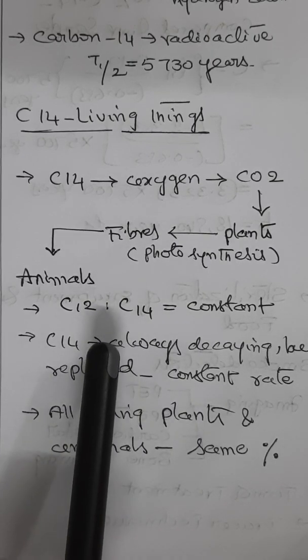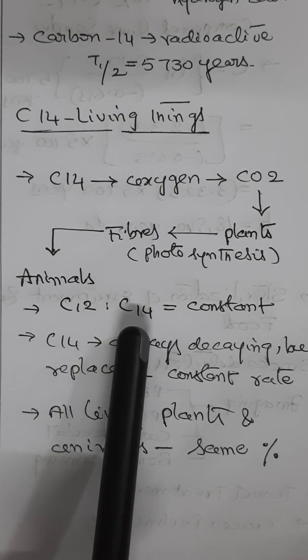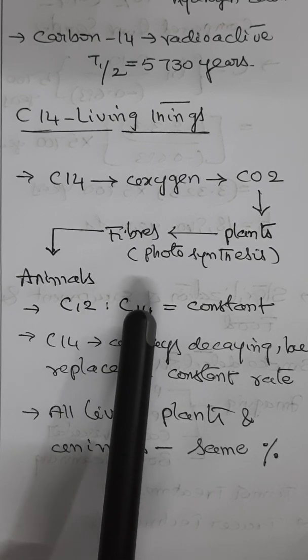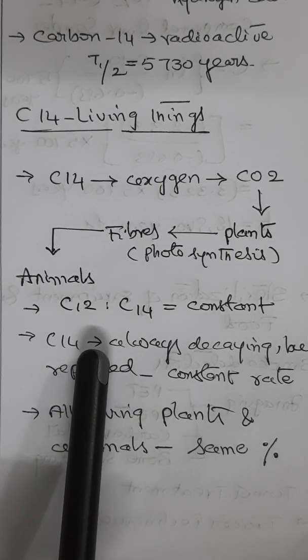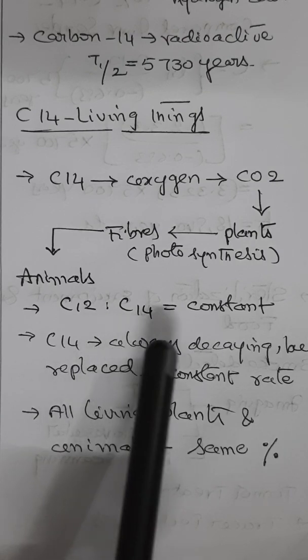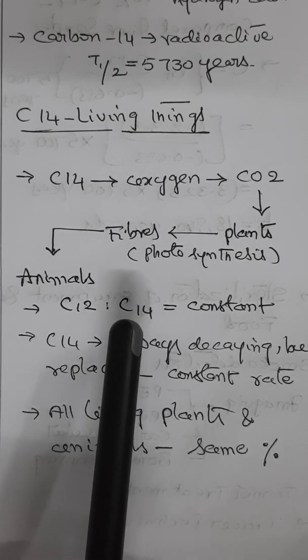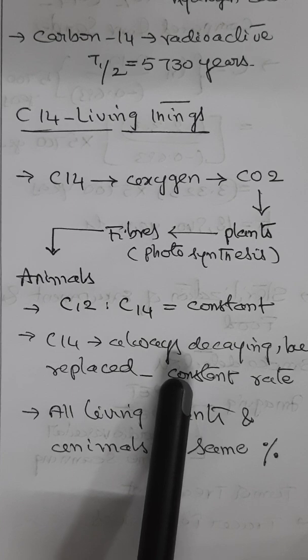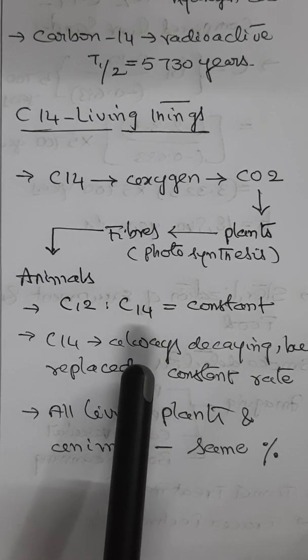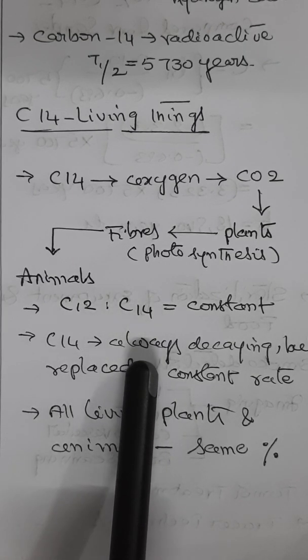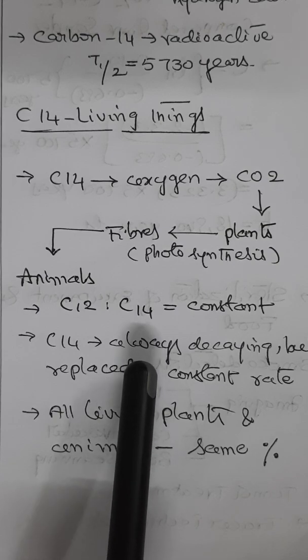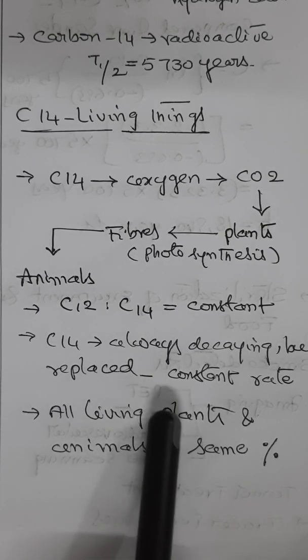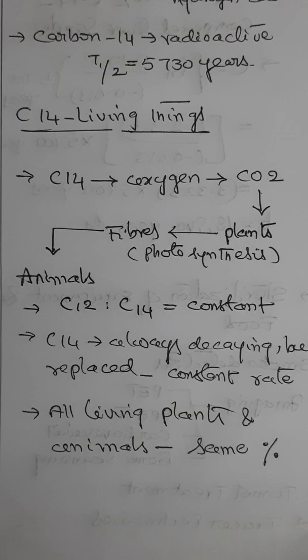Maybe 1 in a trillion carbon atoms is carbon 14. The carbon 14 atoms are always decaying, but they are being replaced by new carbon 14 atoms at a constant rate. So at this moment, our body has a certain percentage of carbon 14 atoms in it, and all living plants and animals have the same percentage.